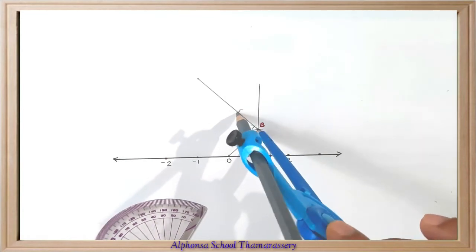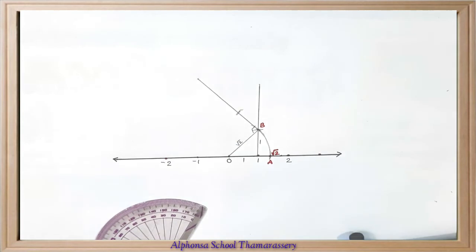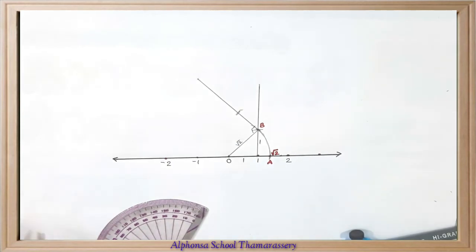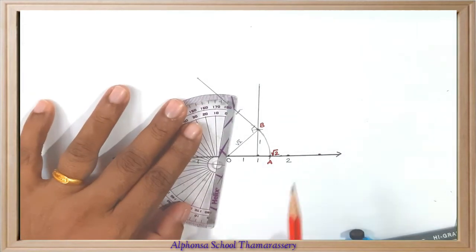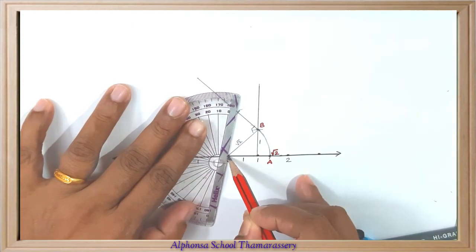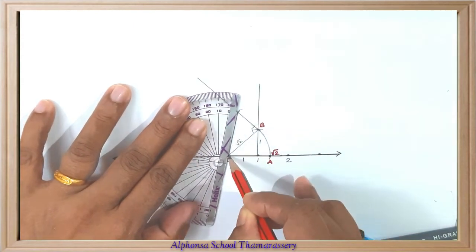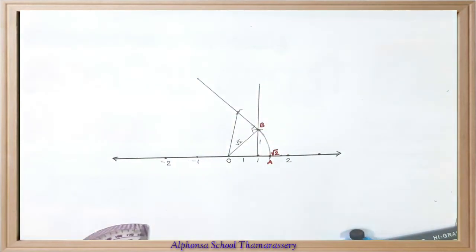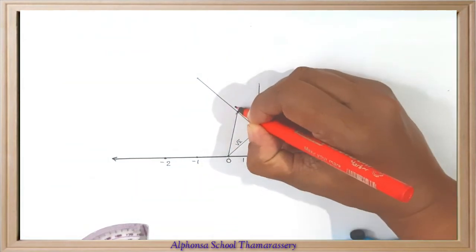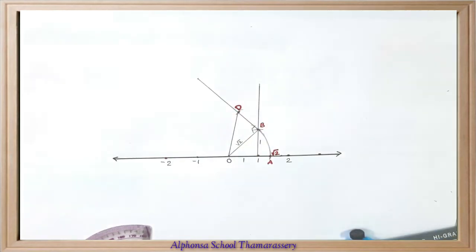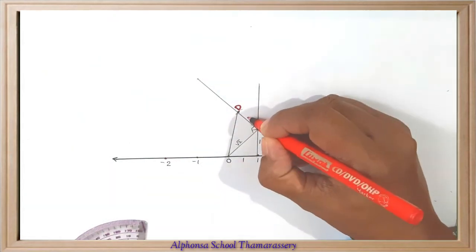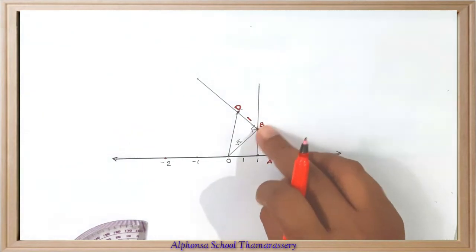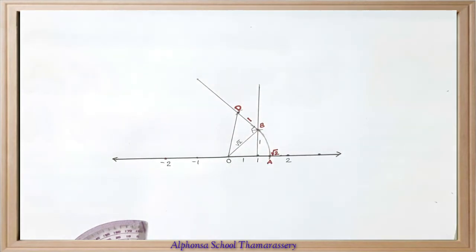Draw an arc on the perpendicular. You will get 1 unit. Now join this point to O. You can mark this point as D. So this DB is equal to 1 unit. OB is equal to root 2 units.